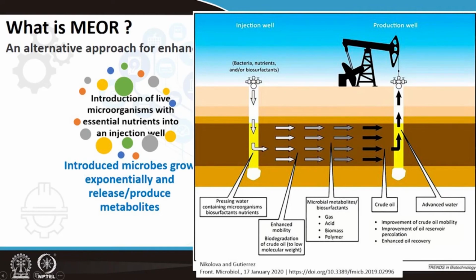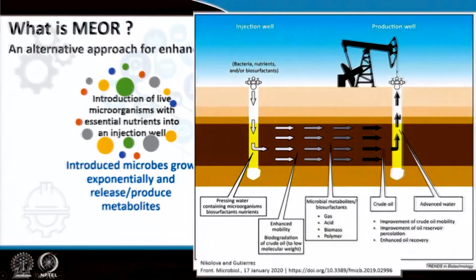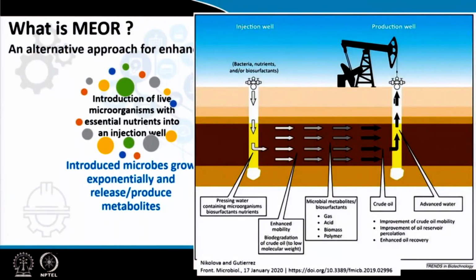The microbially produced metabolites, including the biosurfactant, different gases, different acids, biomass and polymer, are also responsible for facilitating this process, and finally, the crude oil is released and comes close to the well head, from where it can be pumped outside, and this is called the production oil. So, the oil can essentially be recovered.